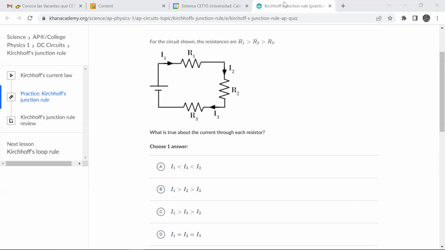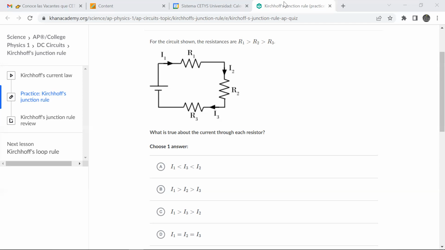If the three resistors are in series, then what happens with the current in series? It should be the same. Remember that the circuit is like a pipeline. If I have a current that I'm calling I1 going into R1, it goes out of R1 into R2, then into R3 and back to the power supply.